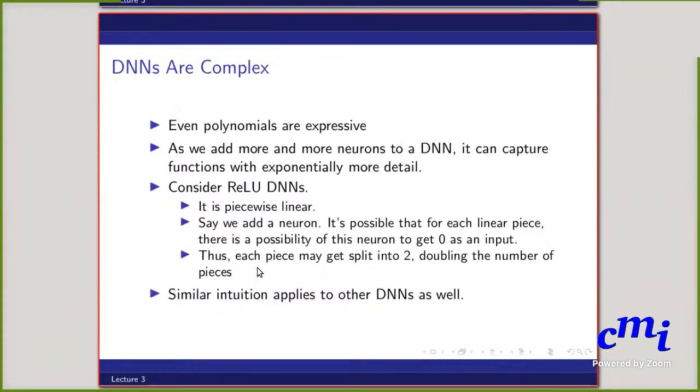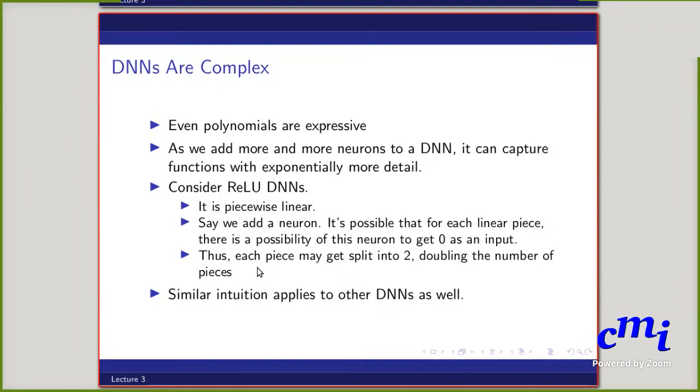But what is more interesting about neural networks is that it's not just that they have universal approximation, but it is also the case that they are much more compact in some sense, right? One way to look at this compactness is that they can capture functions with exponential amounts of detail.